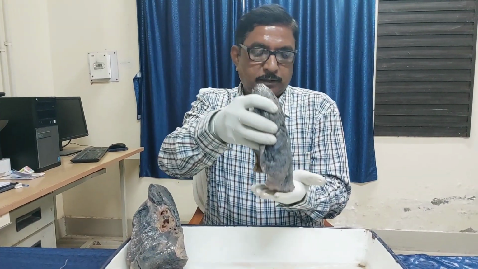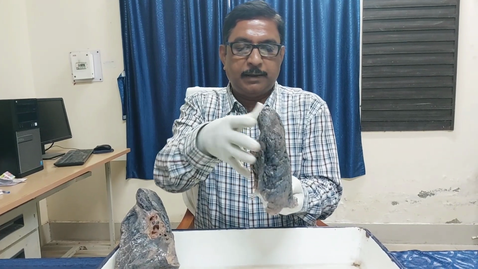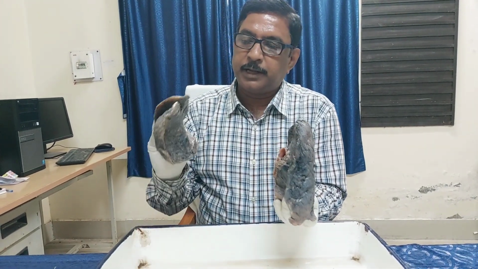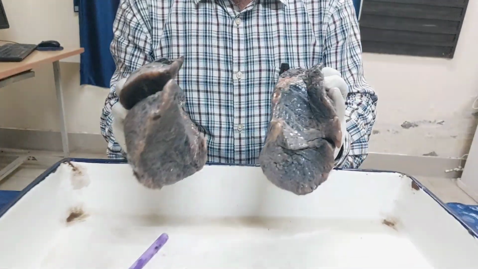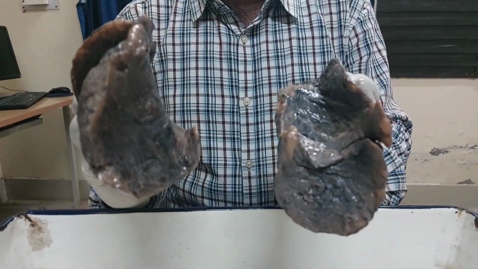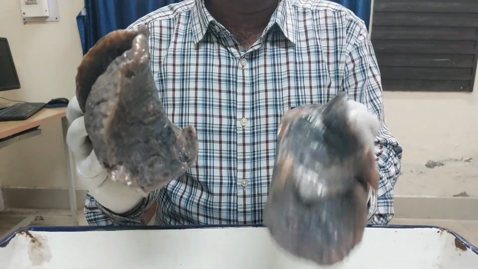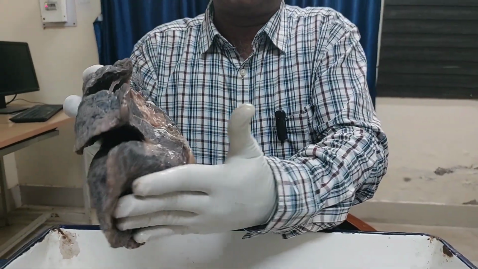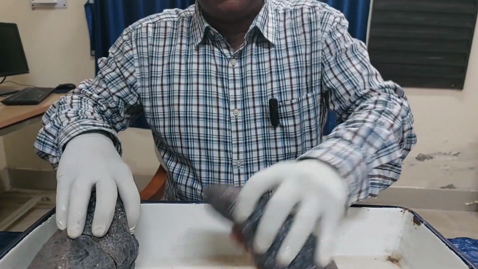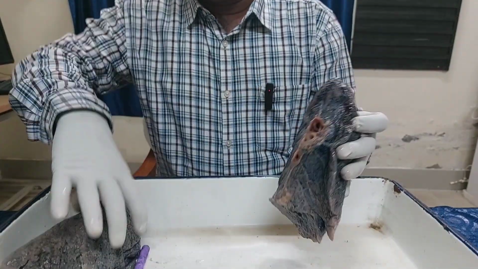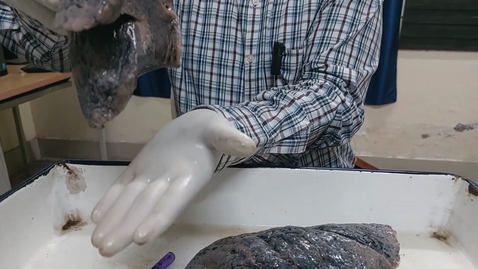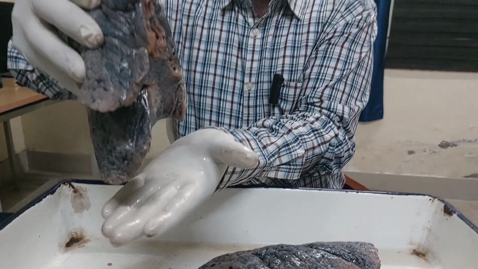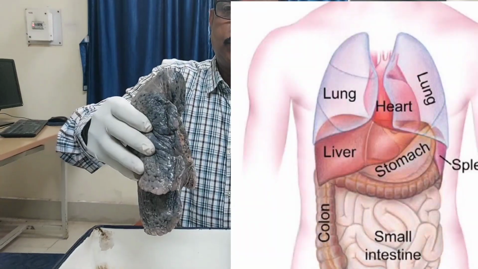Why do the base of the right lung and left lung differ in depth? If you see the base of both lungs, the right lung is to some extent deeper compared to the left lung, because below this base there is the diaphragm, and below the diaphragm is the right lobe of the liver, which is larger than the left lobe.